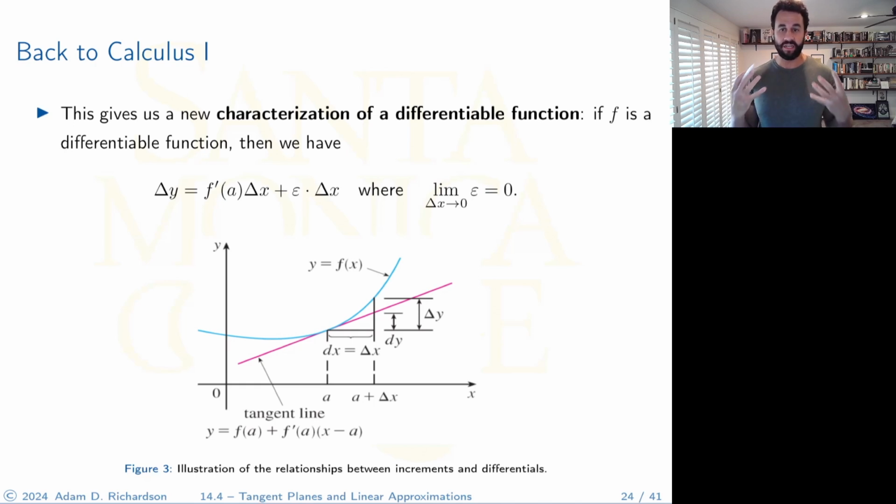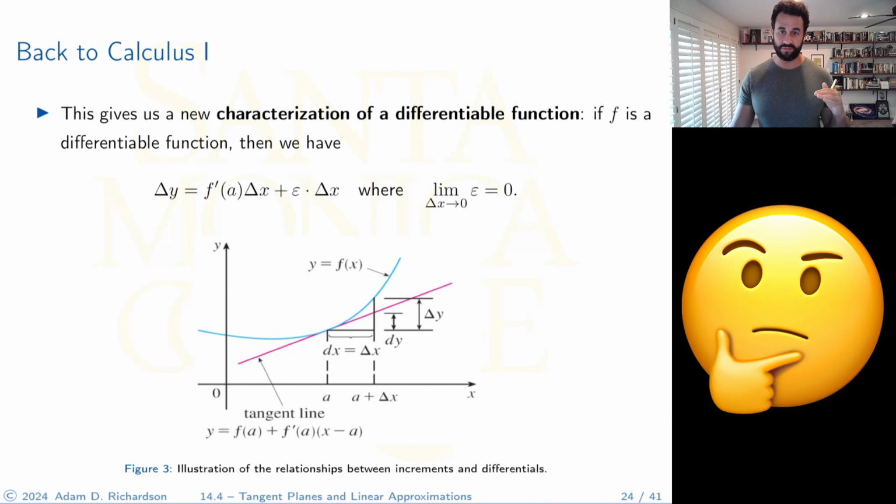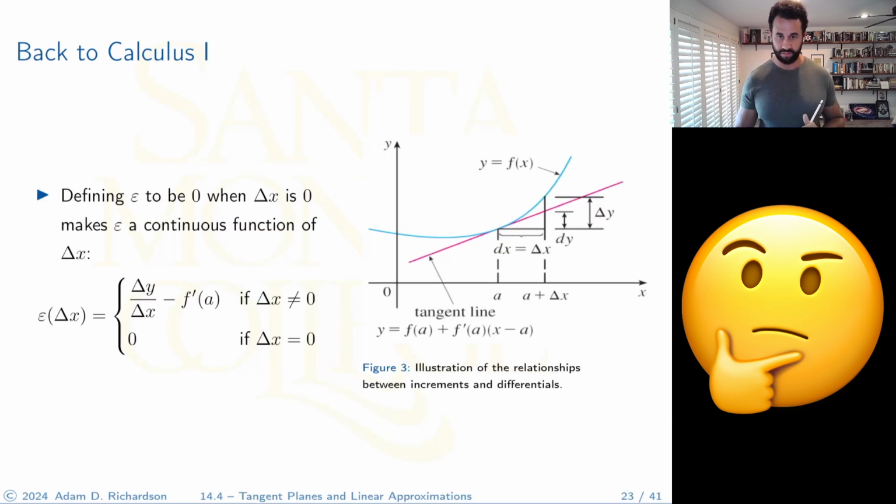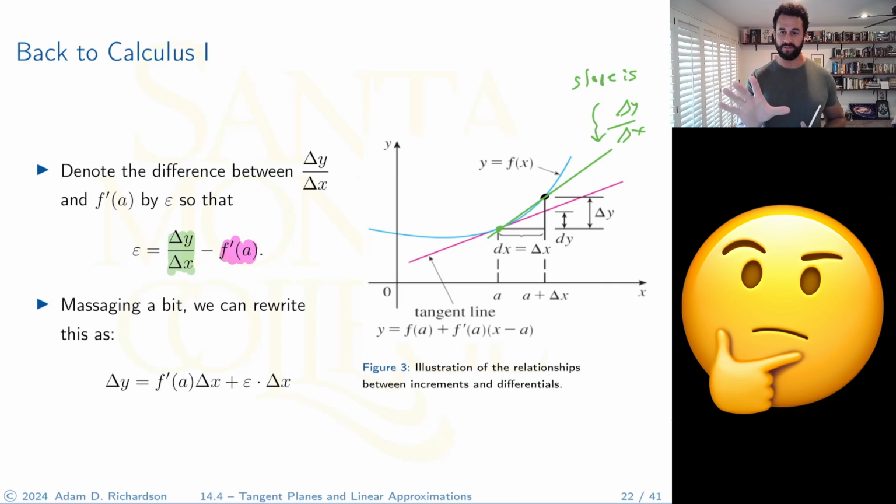So this is an equivalent definition of differentiability, all right? This is one of those times where I want to throw up the thinker and I want you to just ponder this for a minute. Maybe go back a slide. Ponder this for a minute, think about what it's saying.